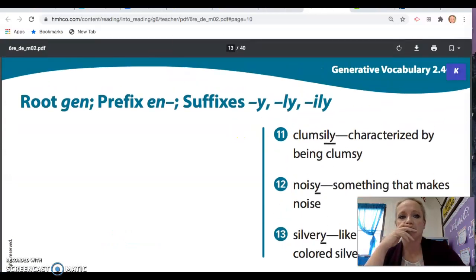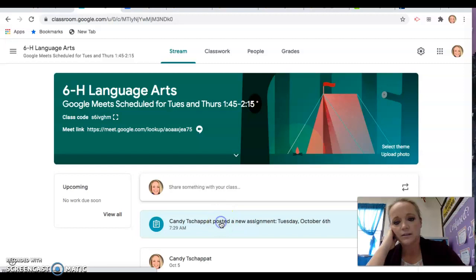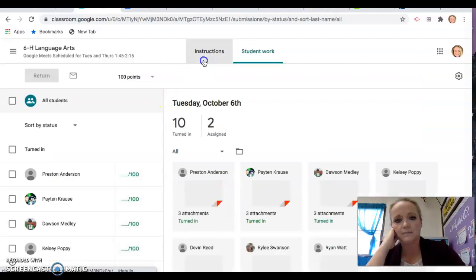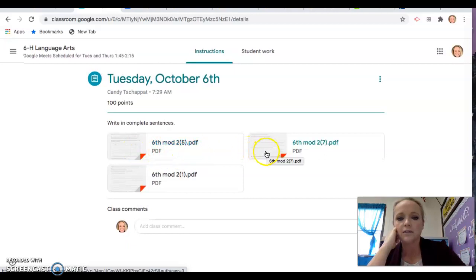Your assignment for these, you can get to your assignment 2 ways. You can click on classwork up at the top, or you can just click on the assignment for today. And you're going to notice that there are 3 pieces of paper here. We only need 2.